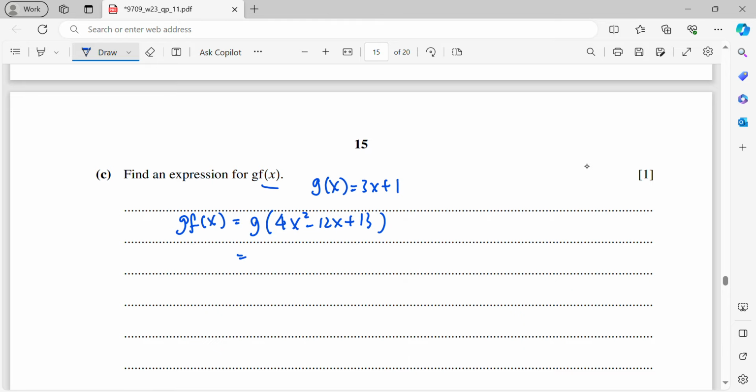So here you have to replace this x by these three terms. It means that now I will be getting 3 times the three terms, and then plus 1. When you do the expansion, it will be 12x squared minus 36x plus 40. So that is our gfx.